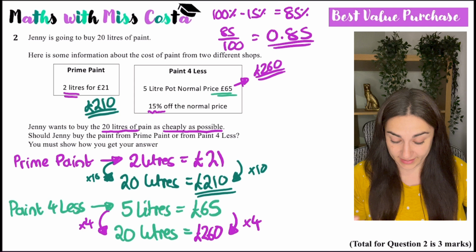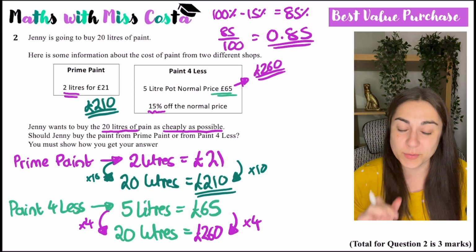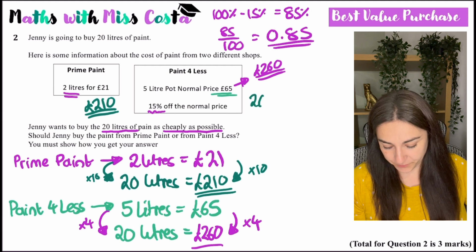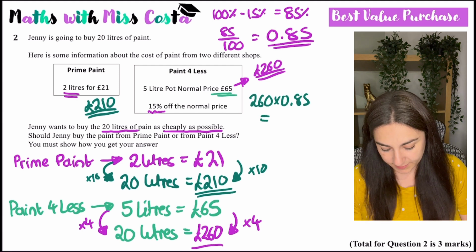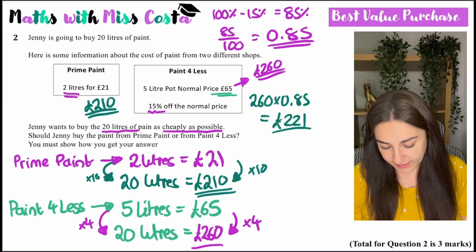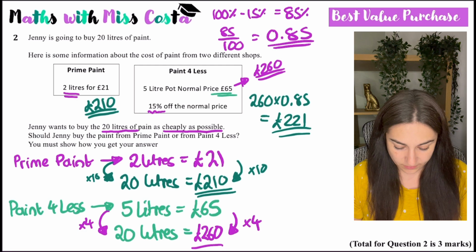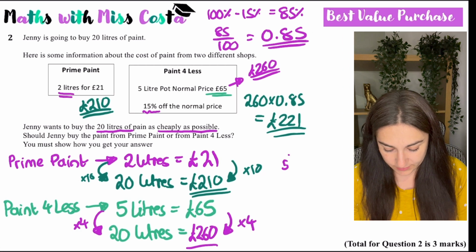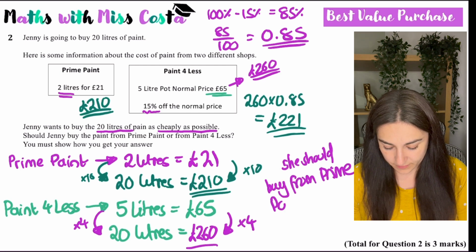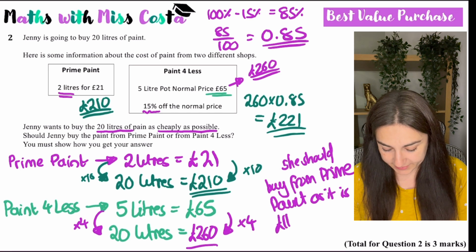So to work out like 15% off, just a quick way with the multiplier, we'd just do 260 times by 0.85, which is £221. So I would say she should buy from prime paint as it is £11 cheaper.